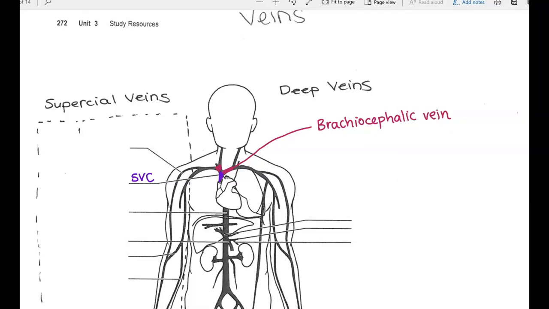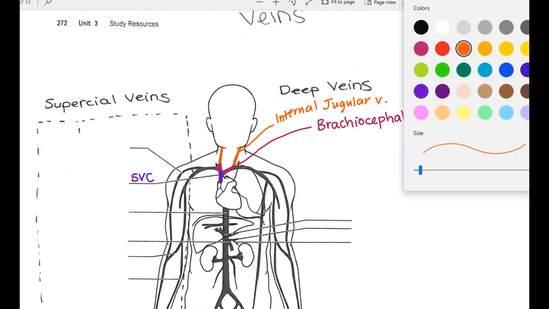We are going to have draining the head and neck. This is going to be your internal jugular vein. So again, we don't have a label for this, but I'm just going to fill it in. Internal jugular vein, or people usually just call this the IJV.